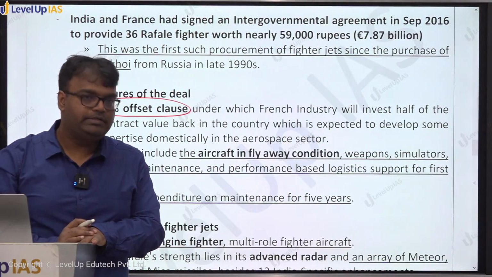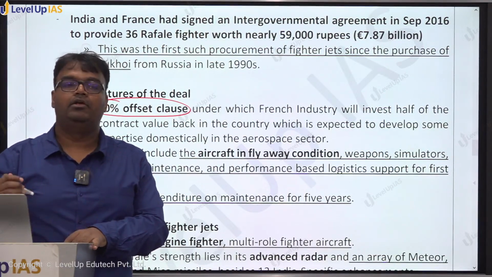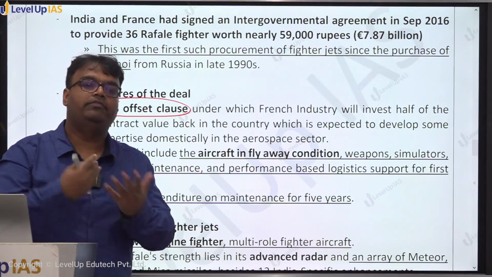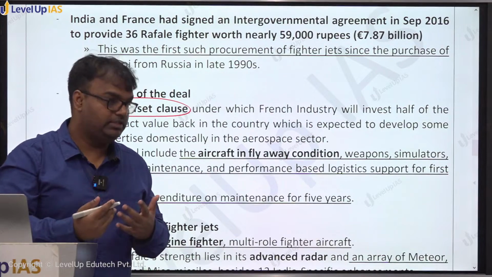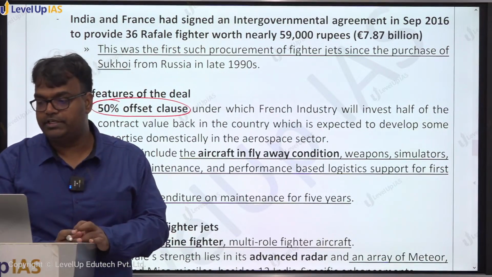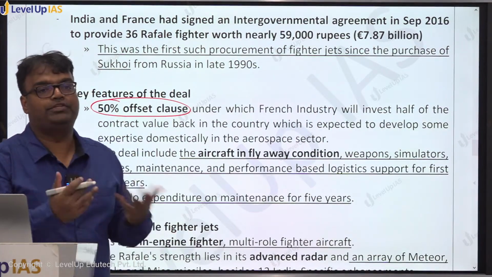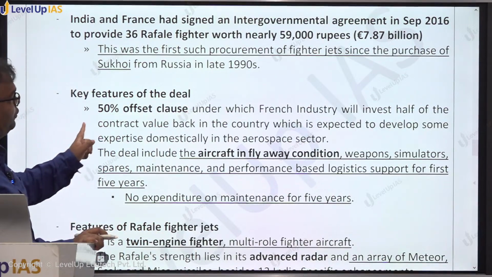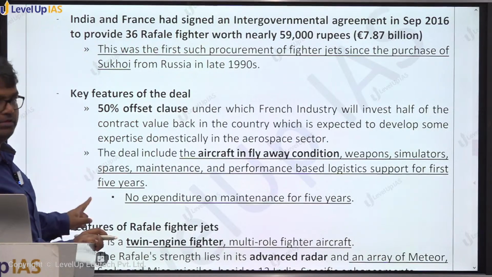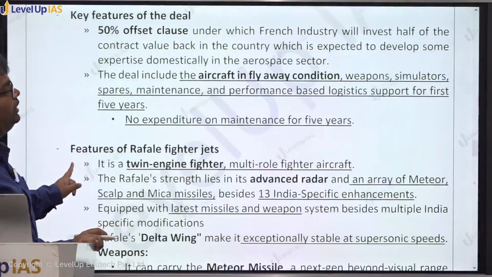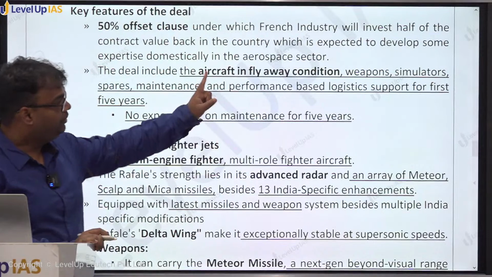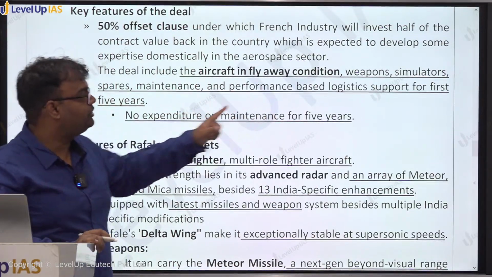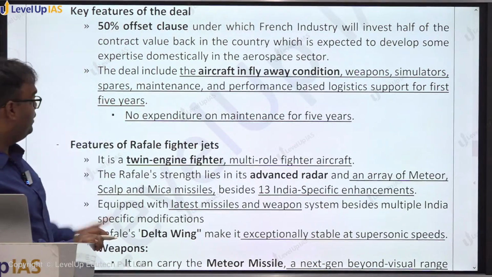So they will set up a company, or a joint collaboration with some Indian company, and they will invest in India so that the defense sector in India can grow. This is the offset clause. The deal included aircraft in fly-away condition, weapons, simulators, spares, maintenance and performance-based logistic support for the first 5 years.